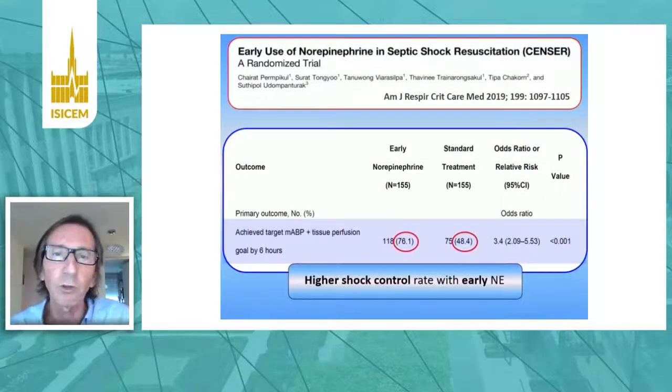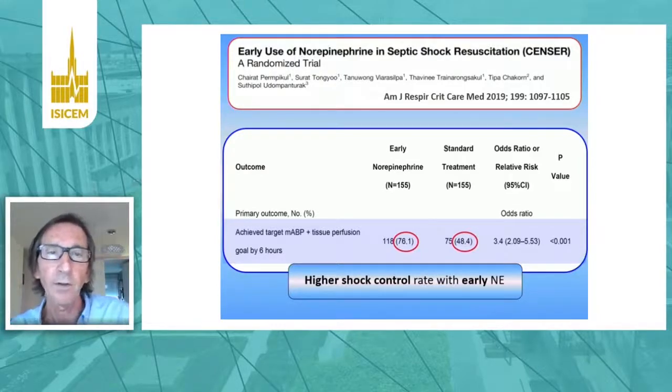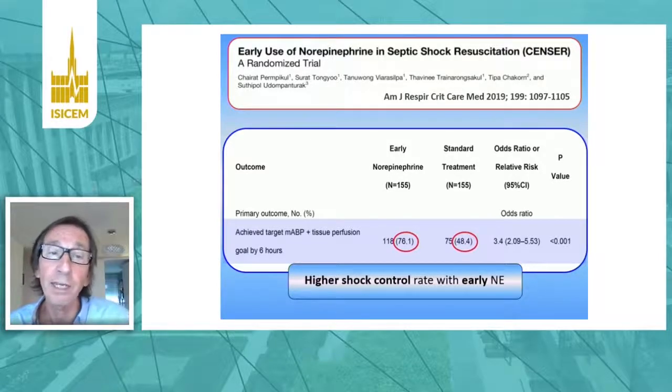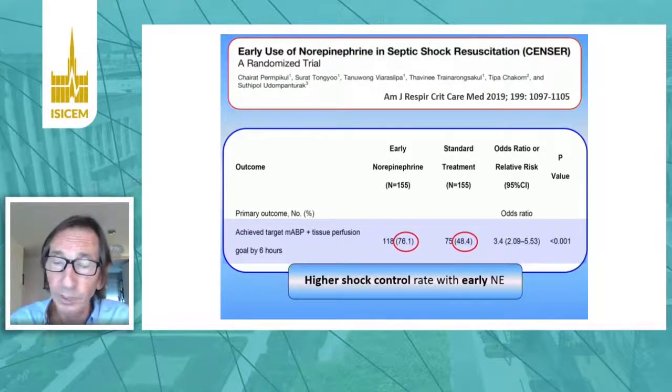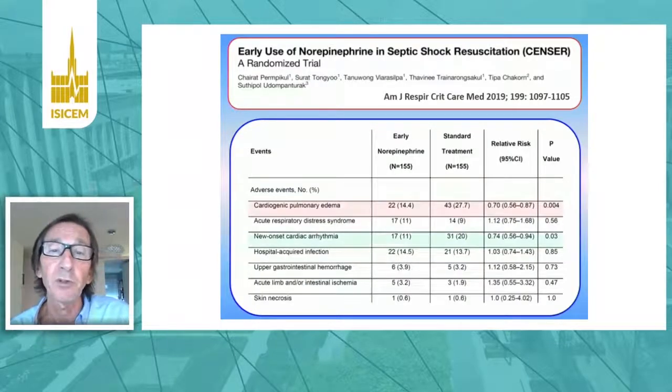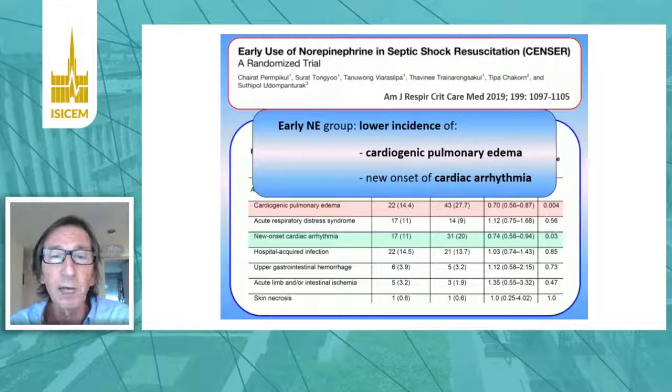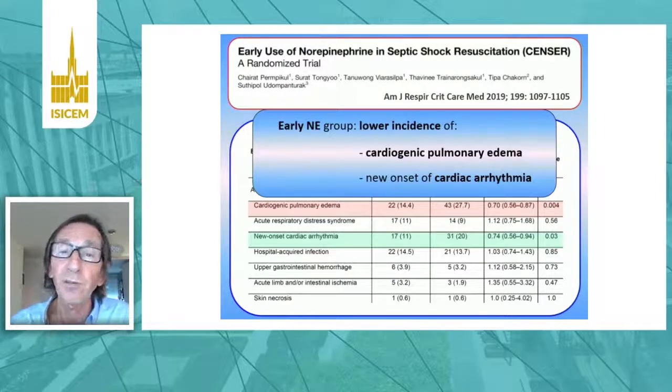In this prospective randomized controlled trial, a monocentric trial in Thailand, the group of patients who received norepinephrine early had a higher shock control rate compared to the standard treatment. And this was the primary outcome of this study. So good result with early norepinephrine administration, and with less cardiogenic pulmonary edema and less new onset of cardiac arrhythmia.